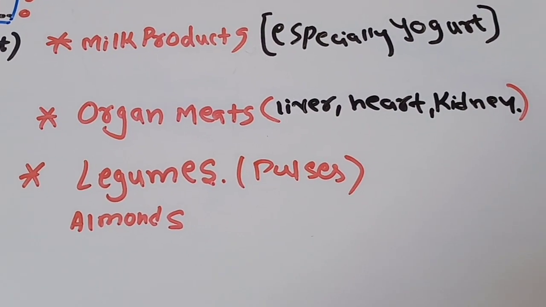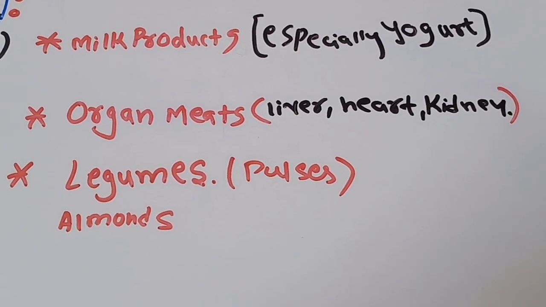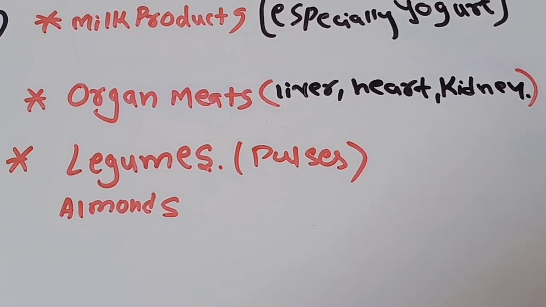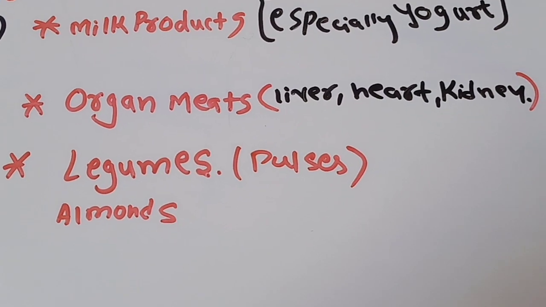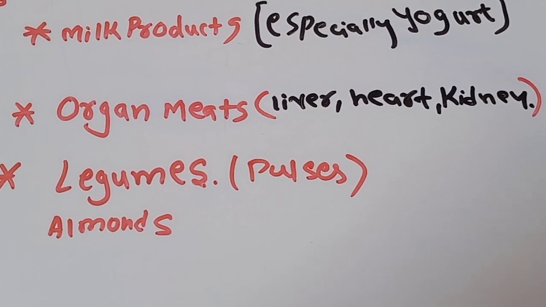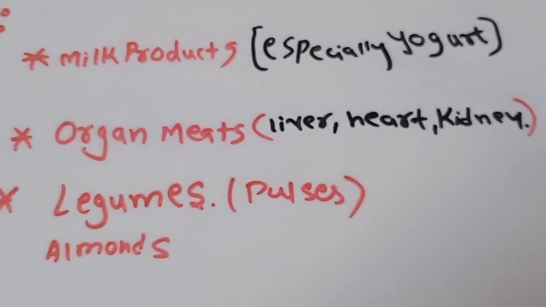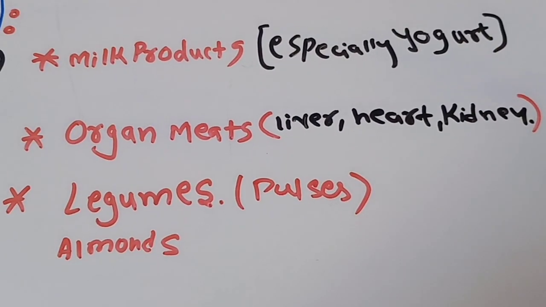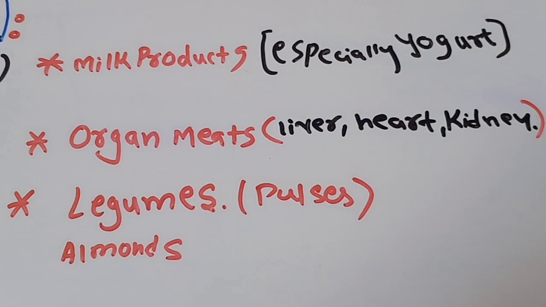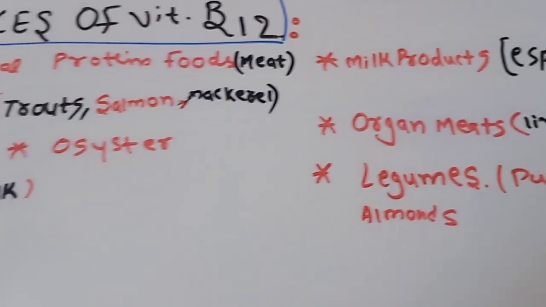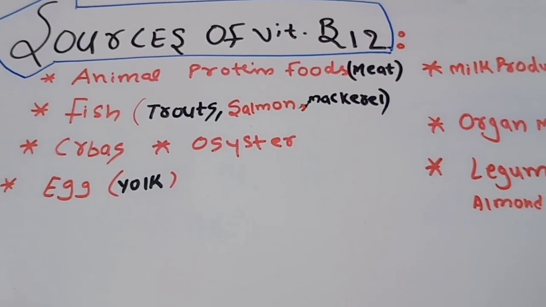Organ meats, especially the liver, heart and kidney, are good sources of vitamin B12. The only veg source is legumes, I can say pulses, because we already know that in leguminous plants there is a rhizobium bacteria, so some amount of B12 can be obtained from legumes, pulses and almonds. So these are the important sources of vitamin B12.